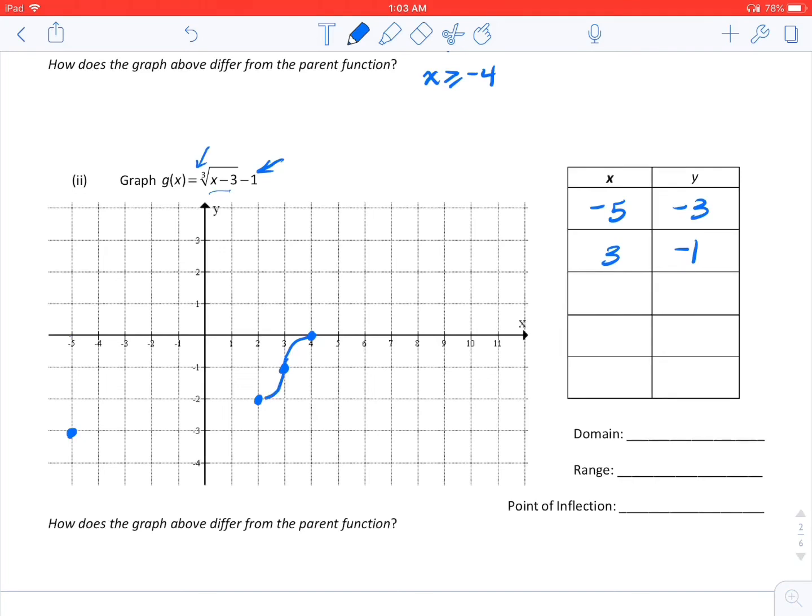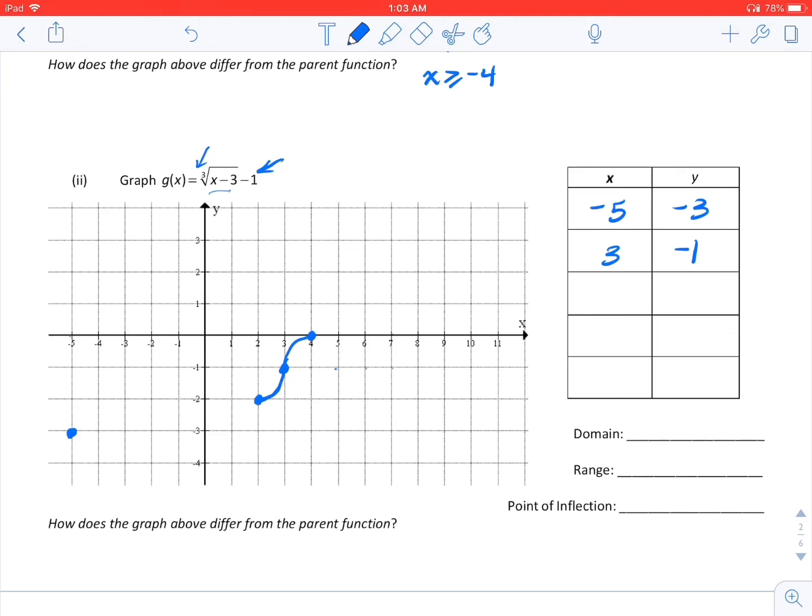Same with the other direction. It doesn't scale in the same way. If on the graph I move right 4 units, 1, 2, 3, 4, then from that point of inflection I can move up.